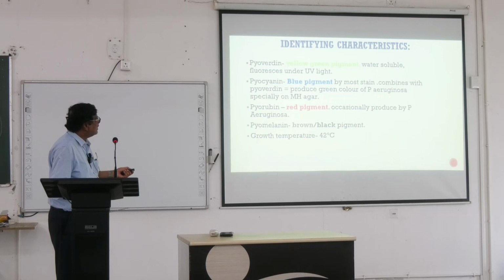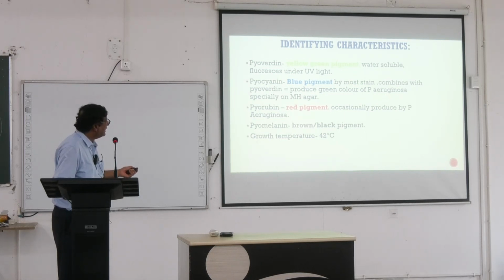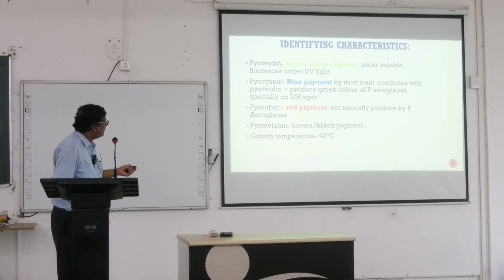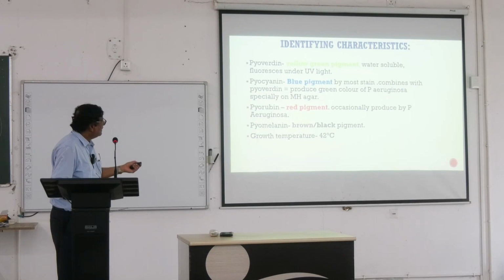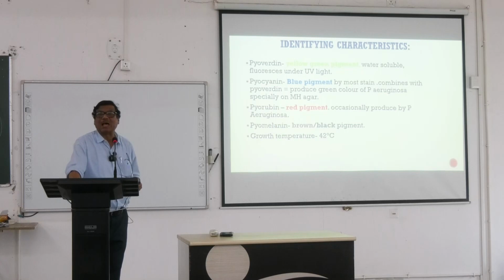It produces the green color of Pseudomonas aeruginosa, especially seen on Mueller Hinton agar. This is an oral question, where you can see this pigmentation in maximum, especially maximum pigmentation is seen in Mueller Hinton agar. This is a white base media, and diffuse pigmentation is very nicely seen over there in Mueller Hinton or nutrient agar.